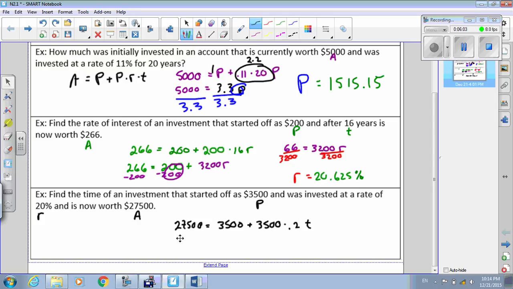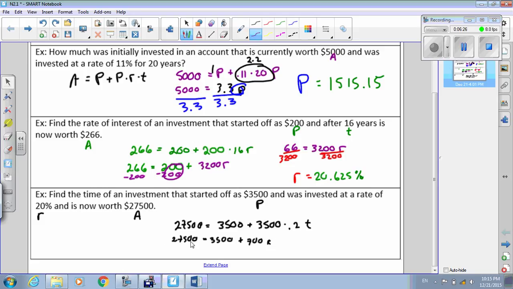So let's calculate for that. 27,500 equals 3,500 plus 2/10 of that. Well, 2/10 of 3,500 is 700, times t. So to find my answer, I'll have to do the same idea as the previous one.